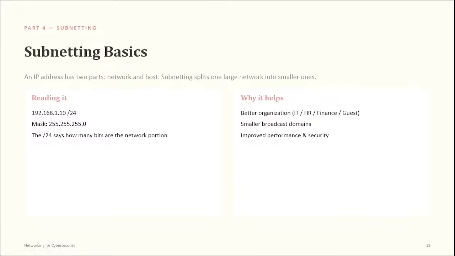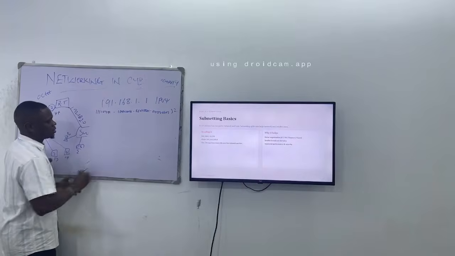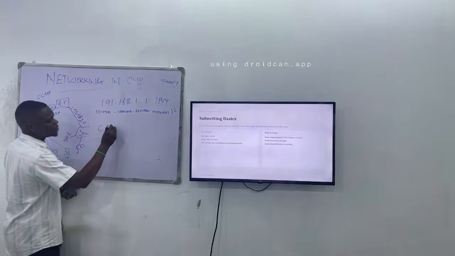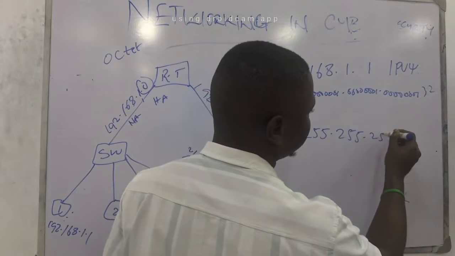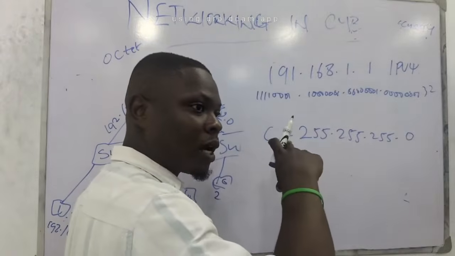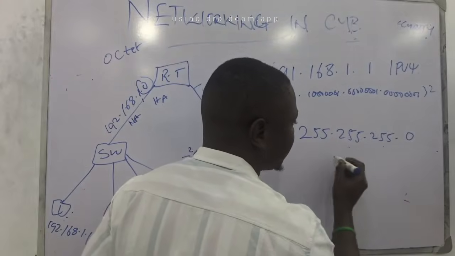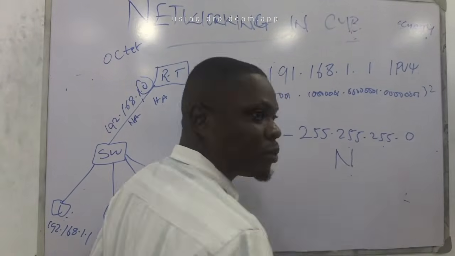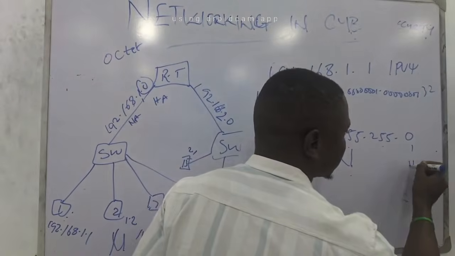A subnet mask looks like an IP address. Like for a class C, which is the most used IP address, class C is 255.255.255.0. What the subnet mask tells you on that network is that the portion that has 255.255.255 here is the network portion, and this is the host portion.